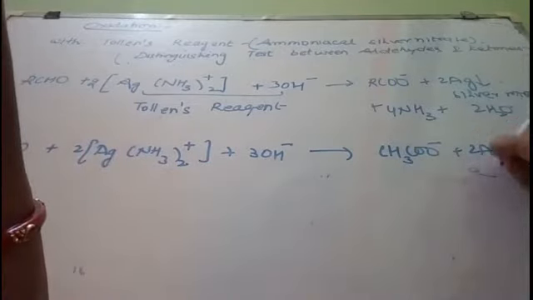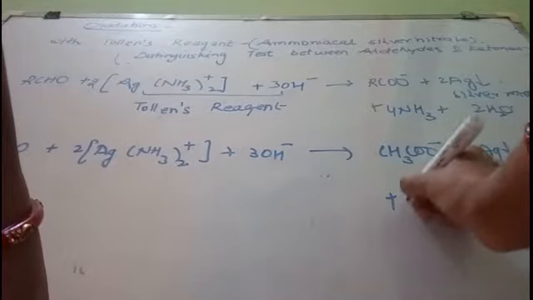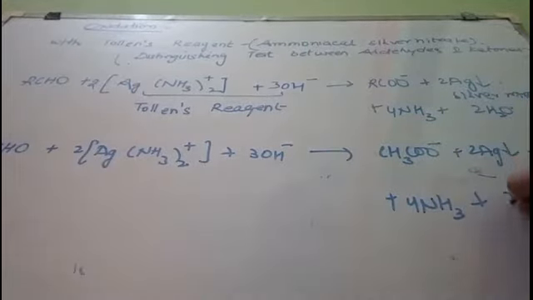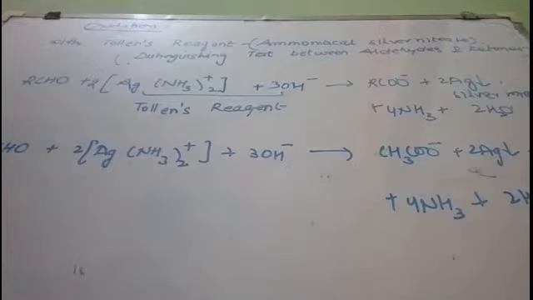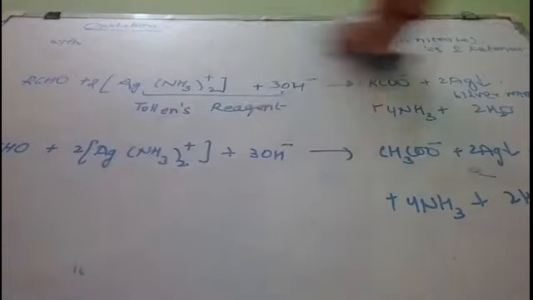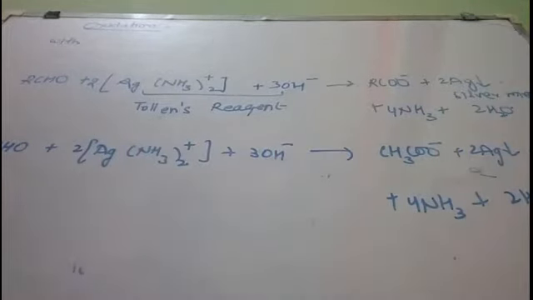Silver mirror will be precipitated along with ammonia and water, right. So this is how aldehydes react with Tollens reagent to give you a silver mirror, or it may be a gray or black precipitate. Similarly, the oxidation of aldehyde is also shown with Fehling solution.